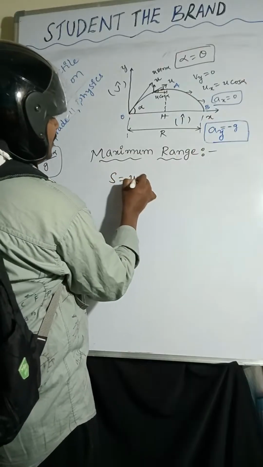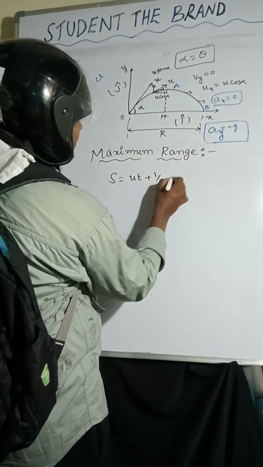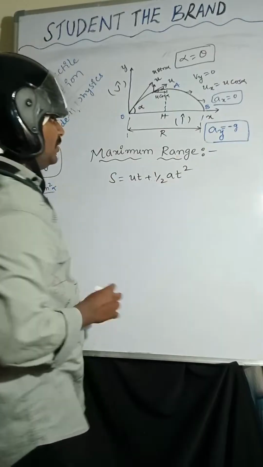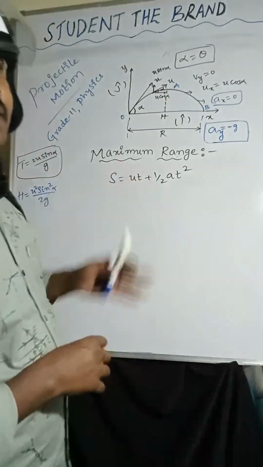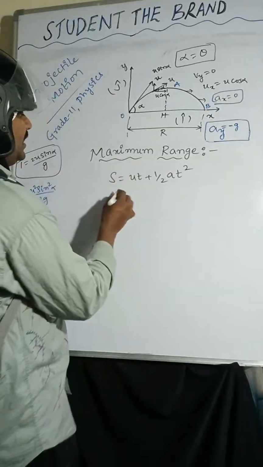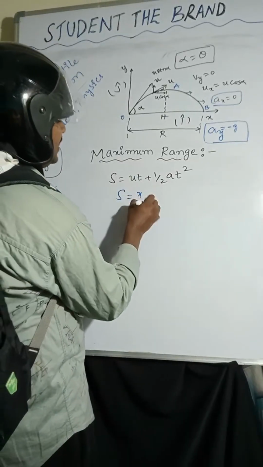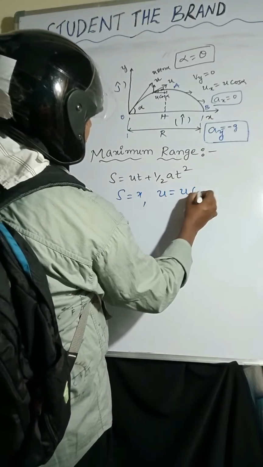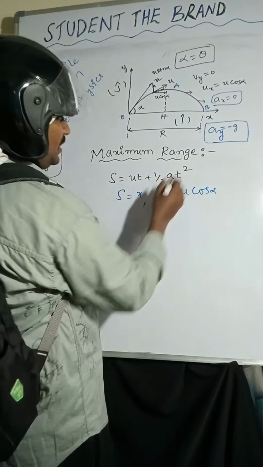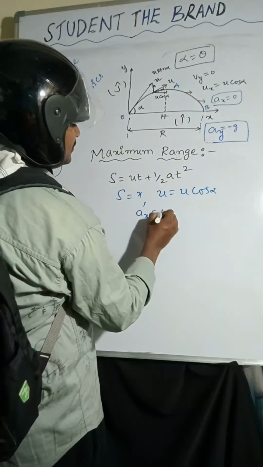equal to ut plus half at square. So we need to take the conditions first. What are the conditions? S equal to x along x-axis. So u equal to u cos alpha, yes or no? And ax equal to 0.